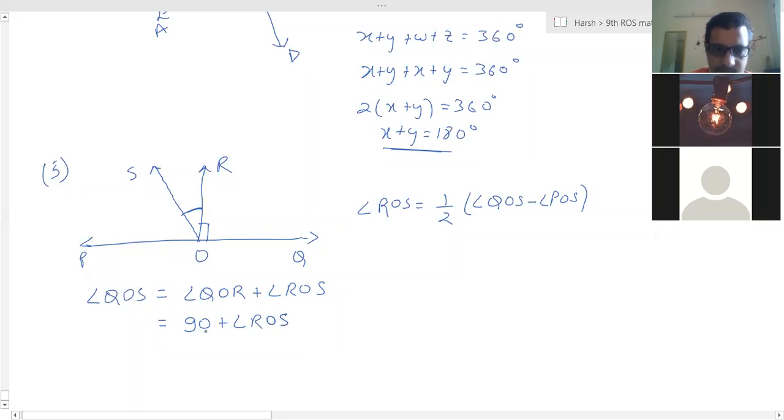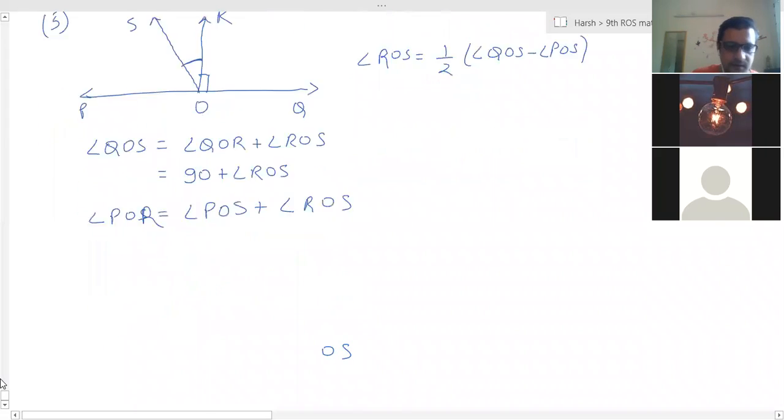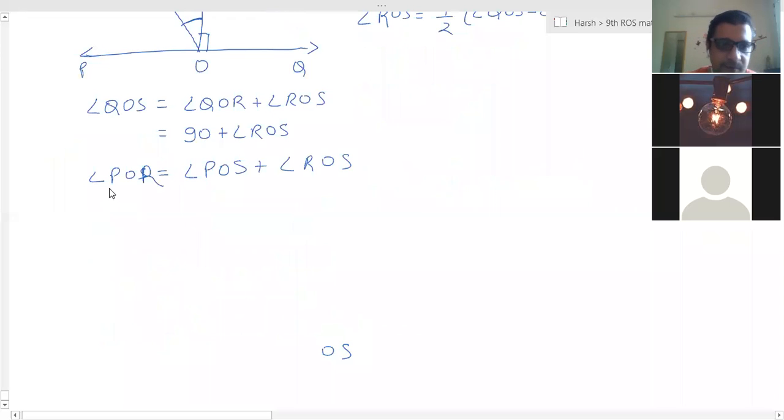Now angle POS we can write as angle POR minus angle ROS, so POS is equal to POR minus ROS. So that will be 90 minus ROS. Wait. Now tell me, you have written POR is equal to POS plus ROS. Now angle POS is equal to angle POR minus angle ROS.